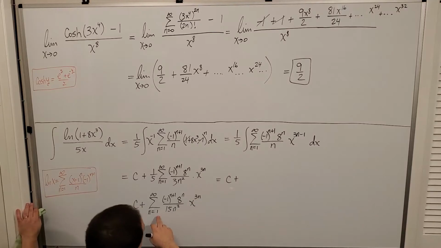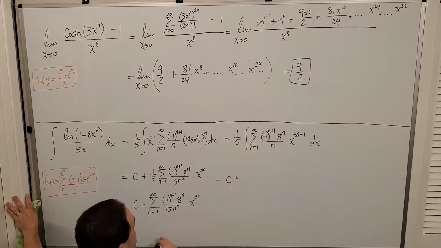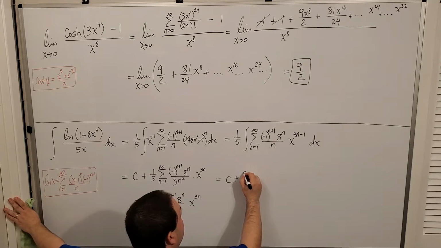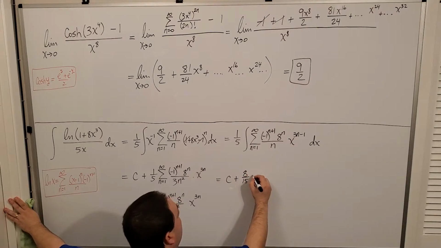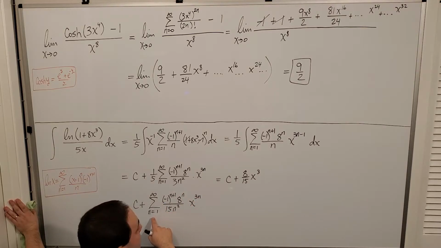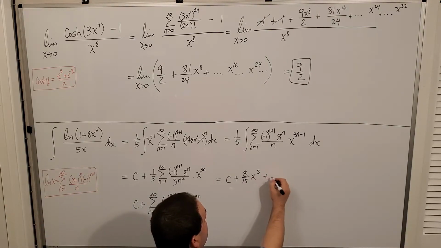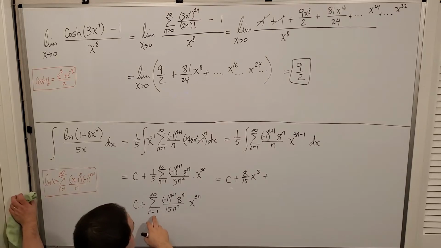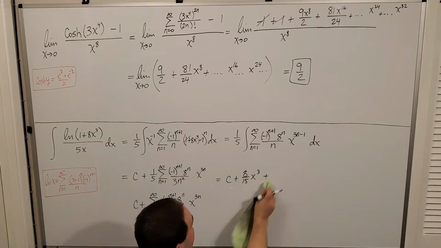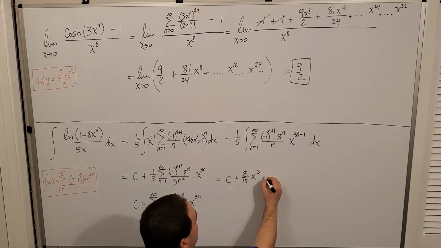So my first term, when n equals 1, right, I'm going to have a positive 8 over 15 x to the 3, right? Plus, when n equals 2, this is going to be odd, so actually this should be minus because it's alternating.